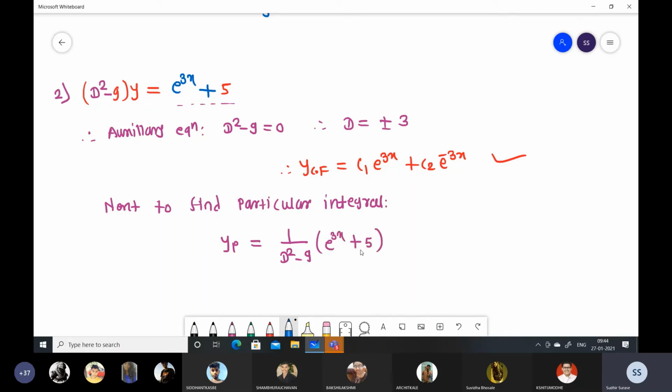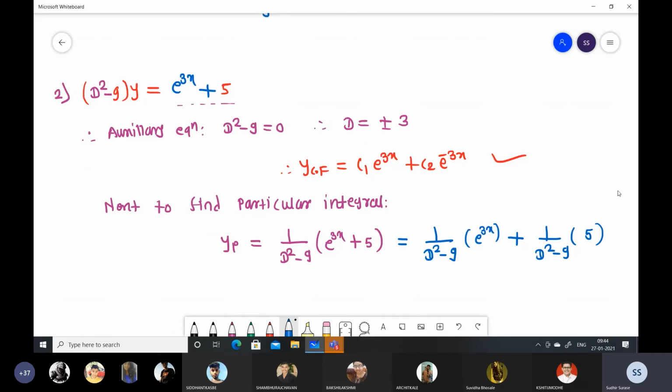Now here let me explain one thing. You can separate this operator, so I can write it this way. You can distribute it actually: 1 upon d square minus 9 on the first term plus 1 upon d square minus 9 on the second term 5.